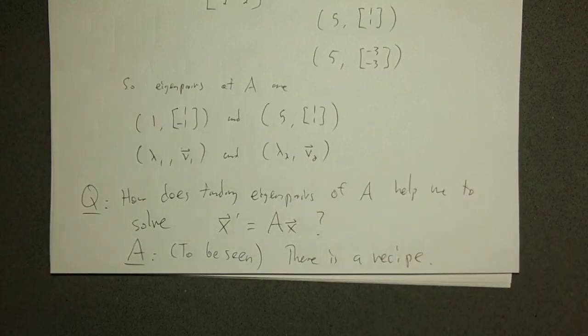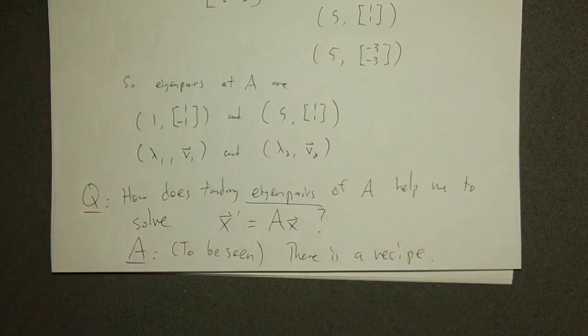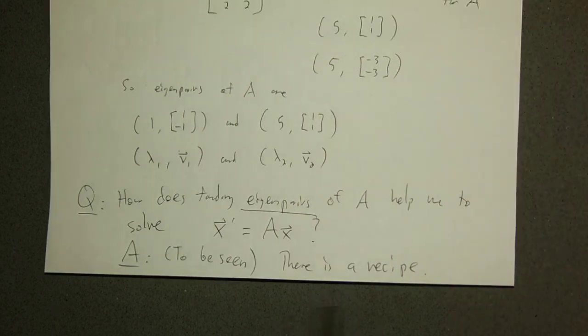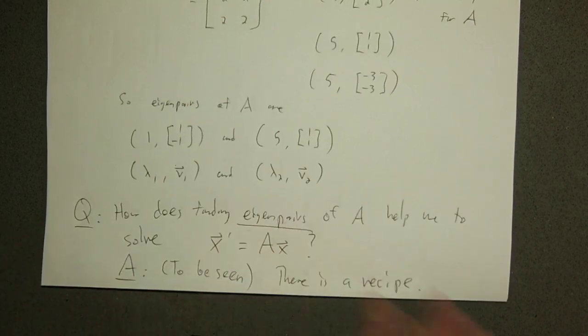That recipe is in terms entirely of the eigenpairs. This recipe is extremely reminiscent of the recipe for the homogeneous solution to a second order equation. This recipe is based entirely on finding the eigenpairs, so the eigenpairs are the things that specify this recipe, but we'll get into that next time.